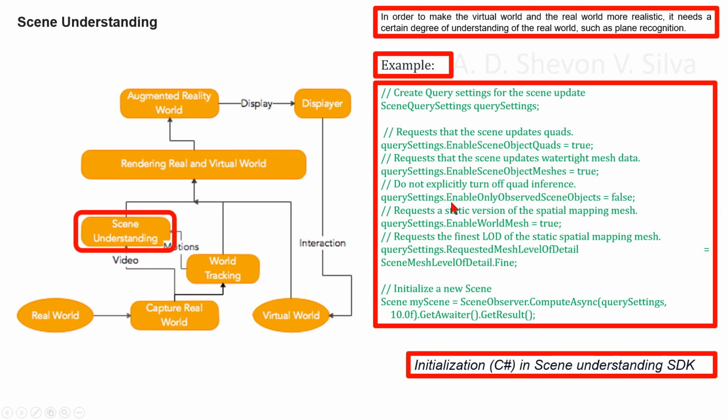Here we do not explicitly turn off quad inference, and here we request the static version of the spatial mapping mesh, and here we request the finest LOD of the static spatial mapping mesh. And here we initialize a new scene.